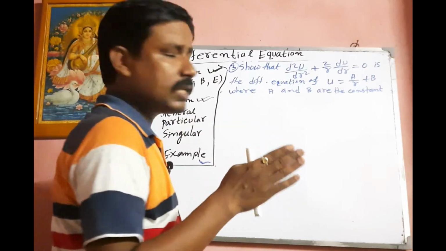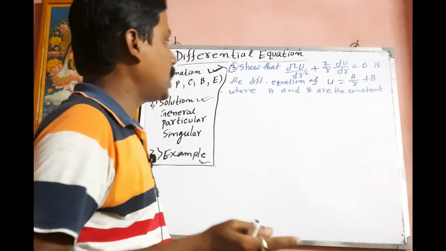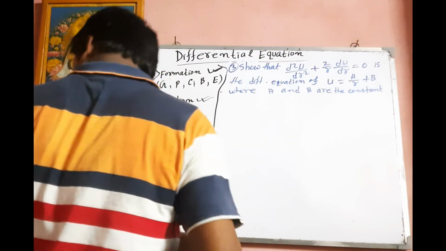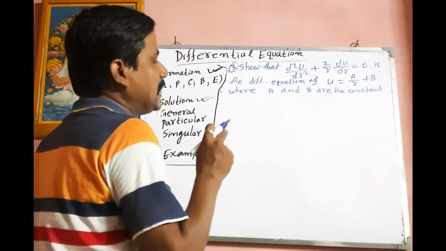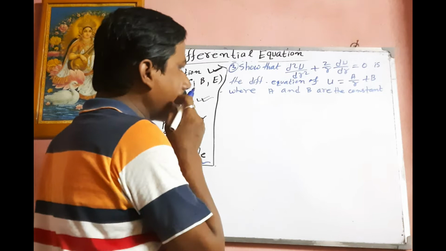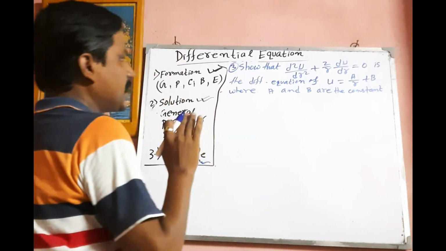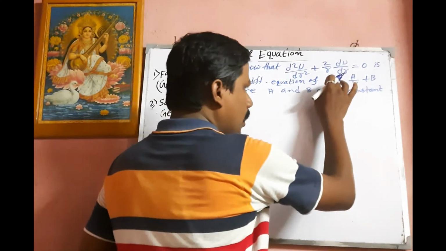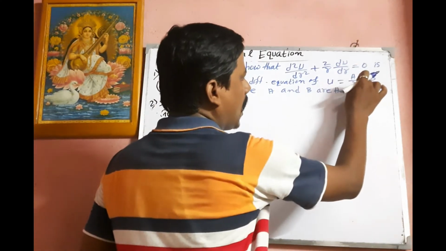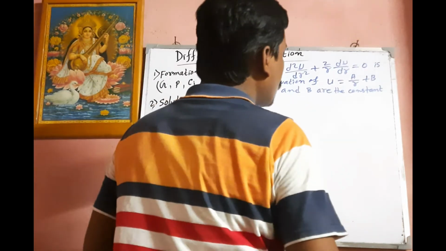Now we are discussing the last and final example of the day. The last and final example of the day is: show that d²u/dr² plus (2/r) du/dr is equal to 0 is a differential equation of u is equal to a/r plus b, where a and b are constants.